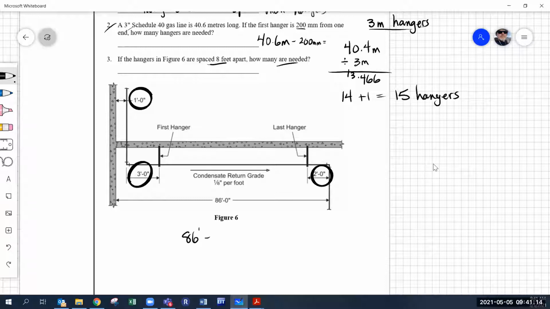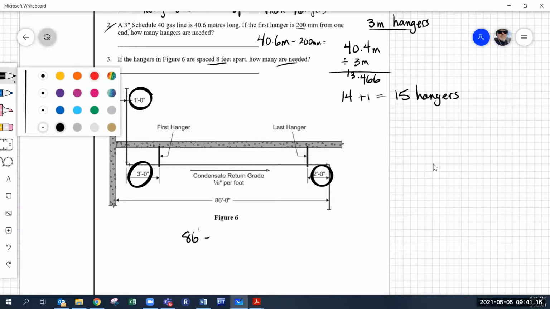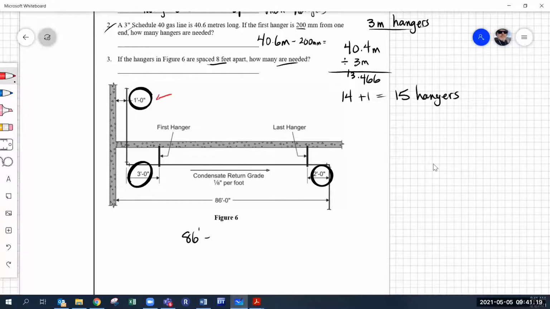We need to minus off the 1 foot. We need to minus off the 3 foot, and we need to minus off the 2 foot. So that comes out to 80 feet. Does everybody see where I got 80 feet on there?